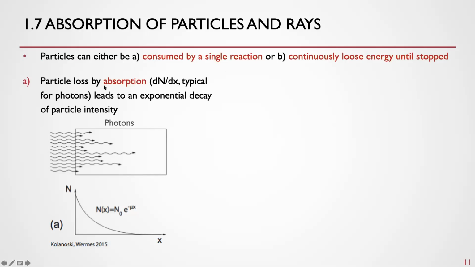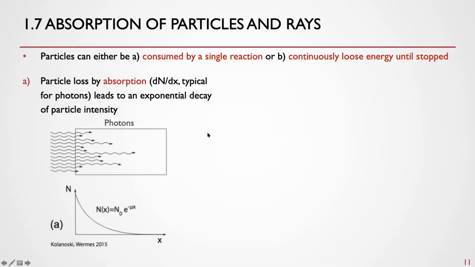Particles can be absorbed, and that means the change in the number of particles per unit length is constant and thus proportional to the number of particles, and hence that leads to an exponential decay. This case is therefore described by a particle number density in the detector material as a function of the penetration depth that falls exponentially.